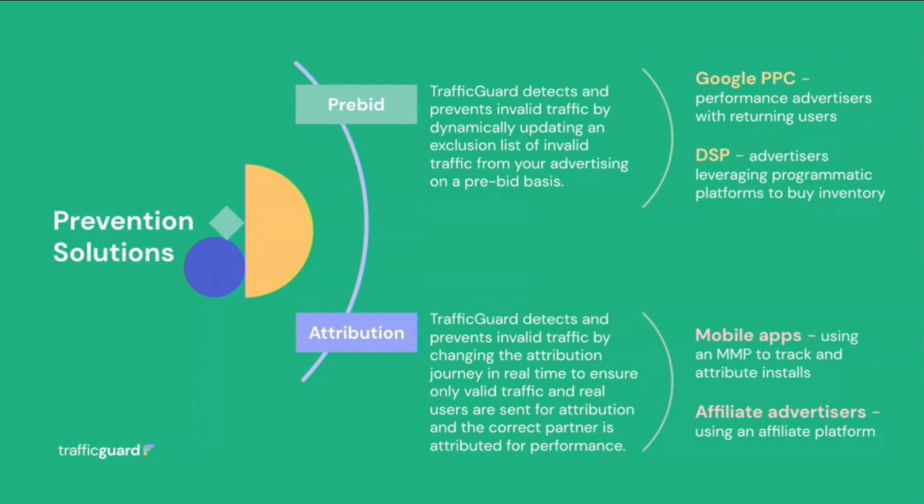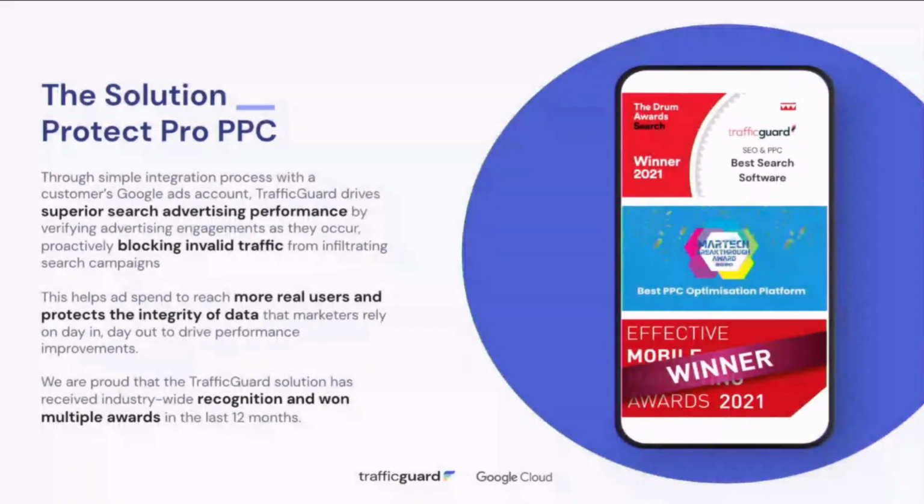So the fraudulent traffic is not included in the attribution of an install or a conversion or a sign up. So all of those conversions and signups are only based on the real traffic. So the top one is pre-bid correction, and the bottom one is attribution correction. And of those 4,000 advertisers that I mentioned before, they all use one of or a combination of those.